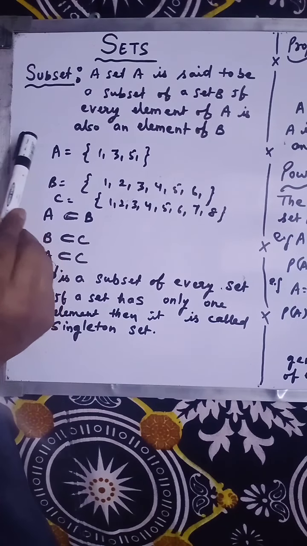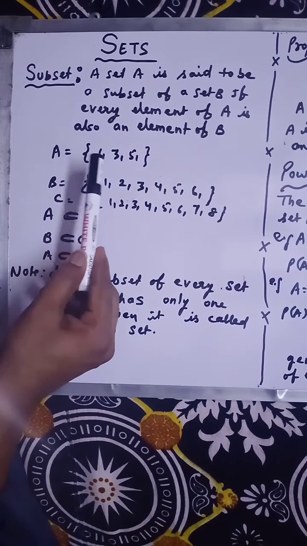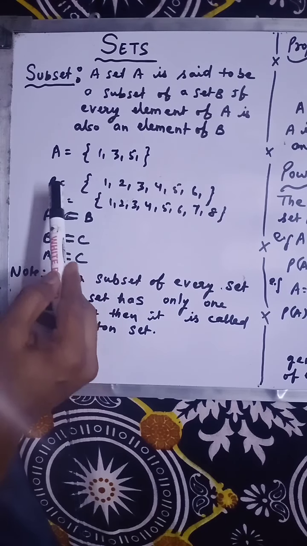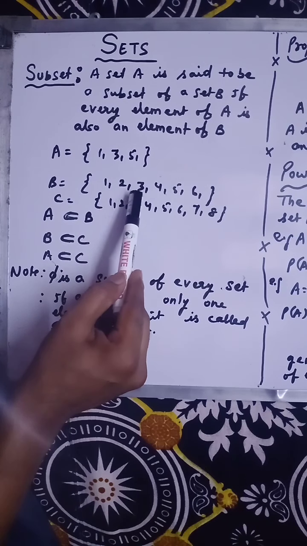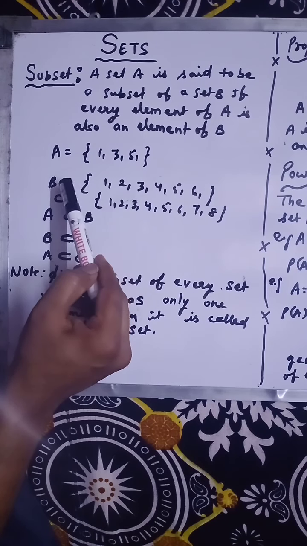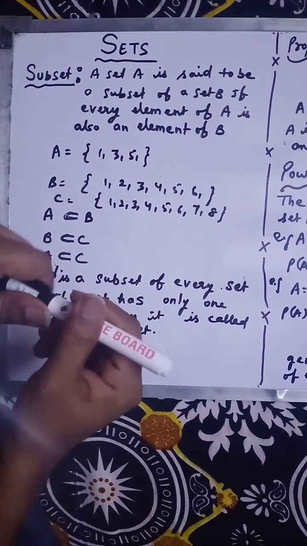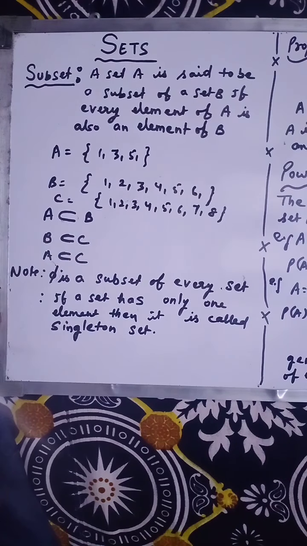So first of all we are taking two sets A and B. Here from A and B we can see that every element of set A, 1, 3, 5, is in set B. Every element of set A is coming in set B. So we can say that A is a subset of B. The symbol of subset is this.